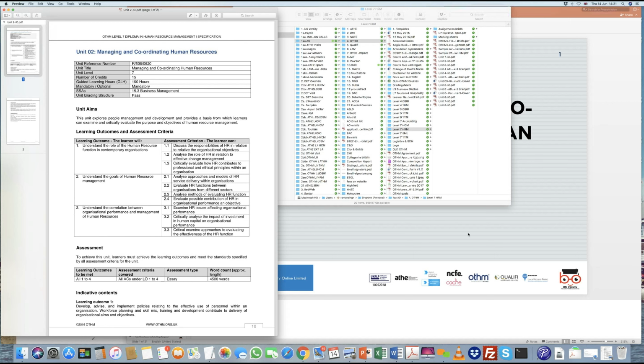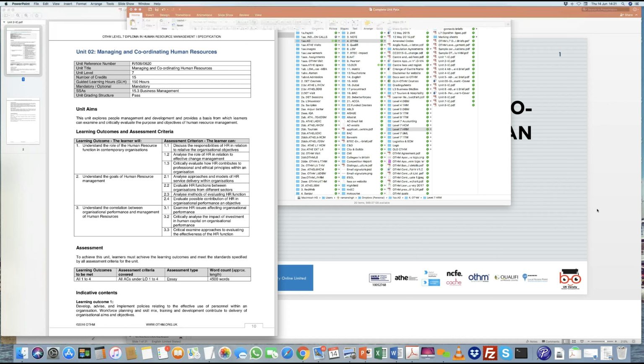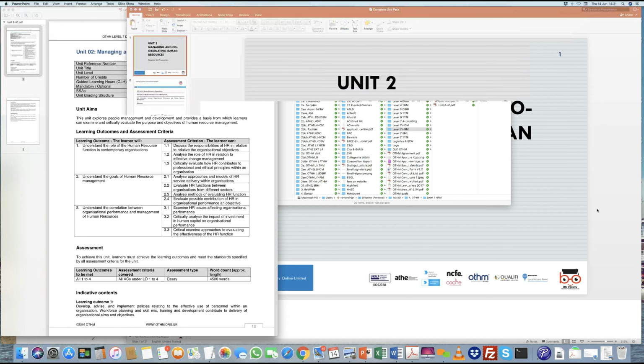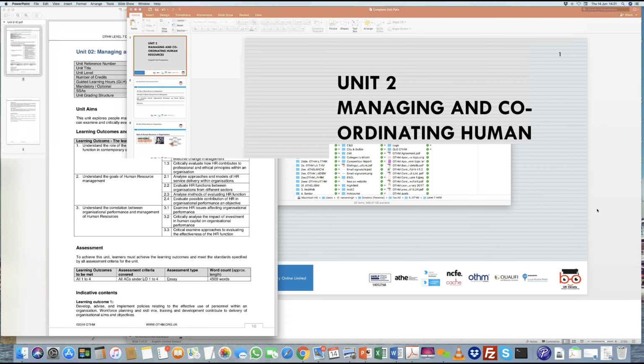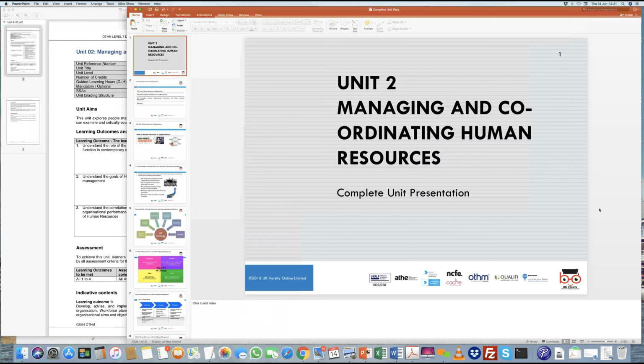So this unit, an add-on, is going to go into a bit more detail than the first unit, which we covered. This unit will go into more detail on individual functions of what we understood as an overview of HR and organization behavior.